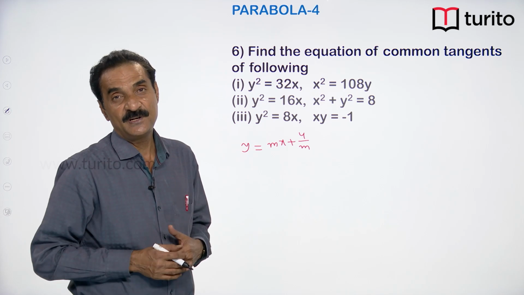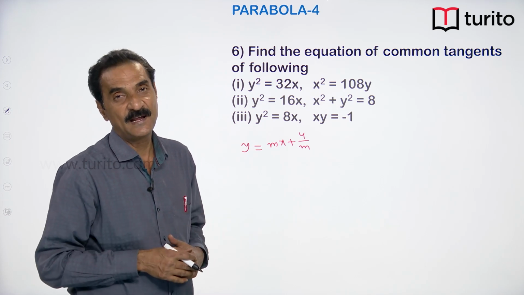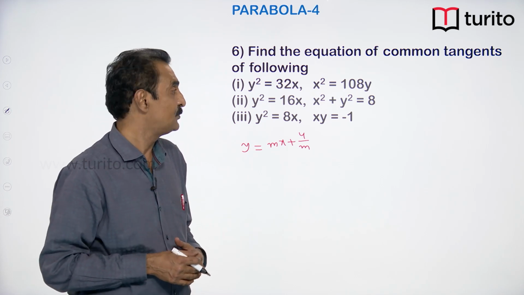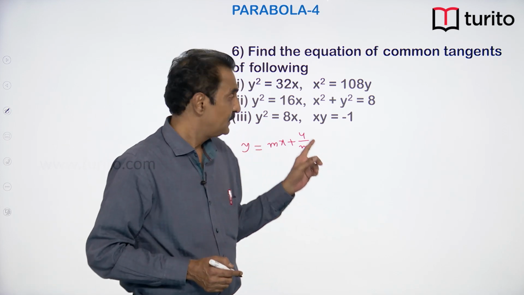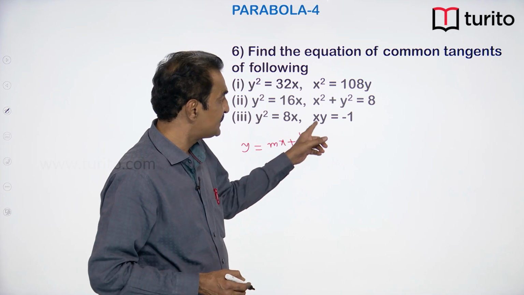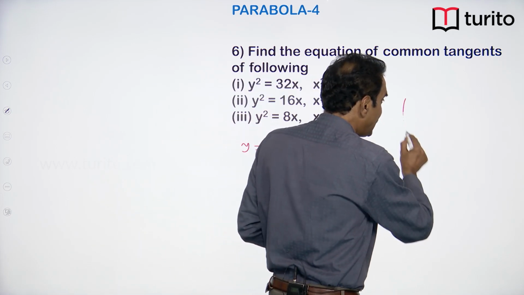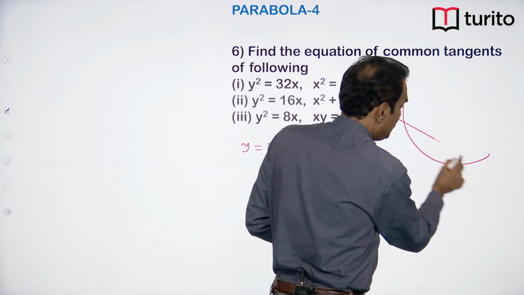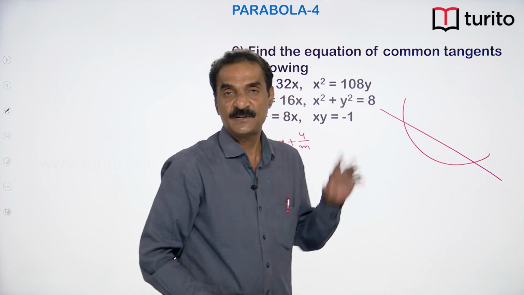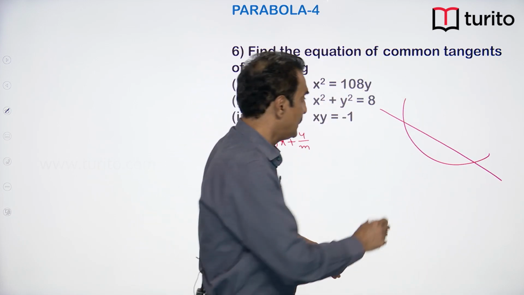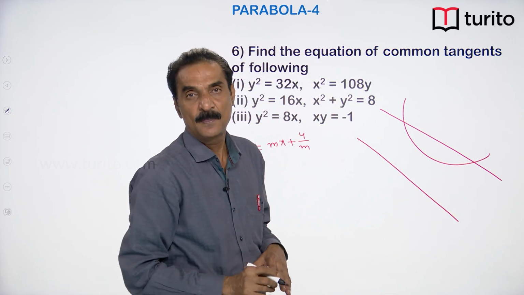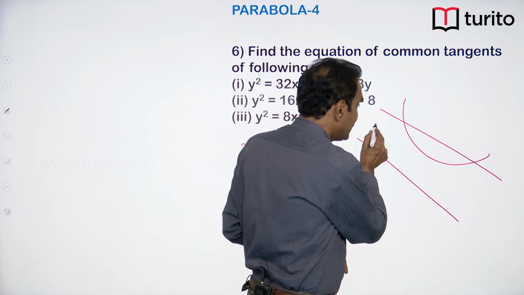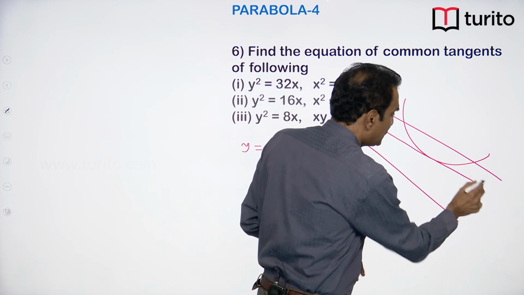So, in this situation, when you do not have the condition for tangency, what to do? There are three possibilities. This is a straight line, this is a curve. The straight line may intersect the curve at two distinct points, or the line may not be intersecting or touching the curve, or the straight line may be touching the curve.